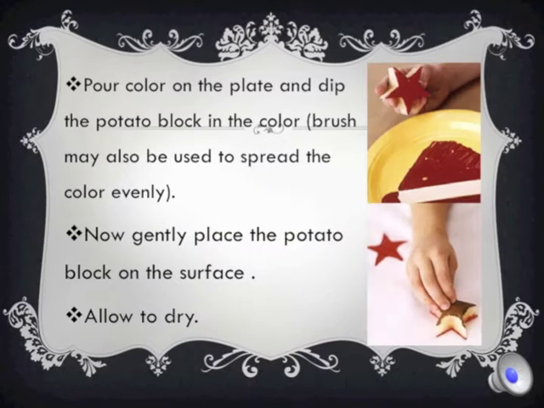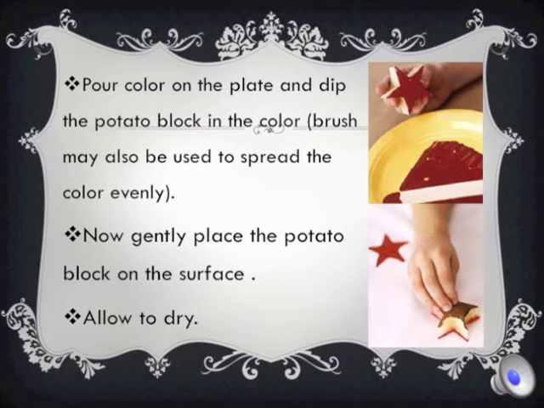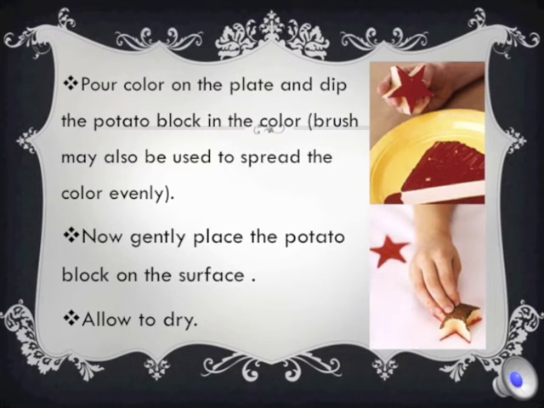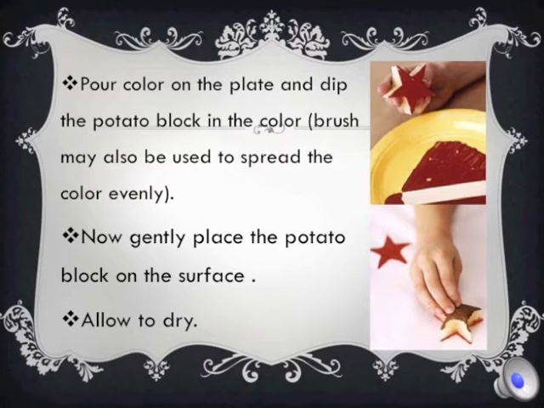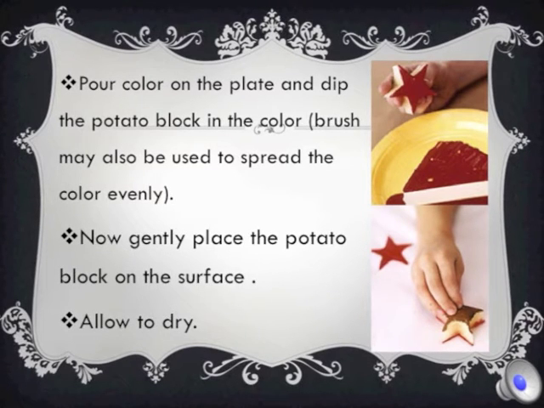Pour various colors of paint on the paper plates. Dip the potato block in the paint and gently place the block onto the paper or fabric and press. Allow to dry. You should try the printing on paper first and then maybe on the handmade paper.